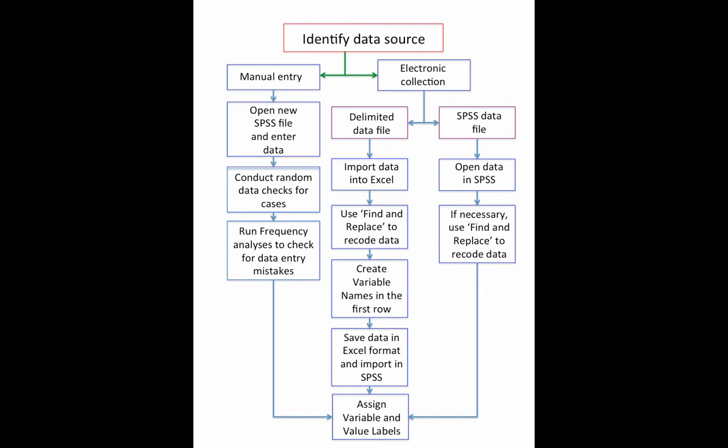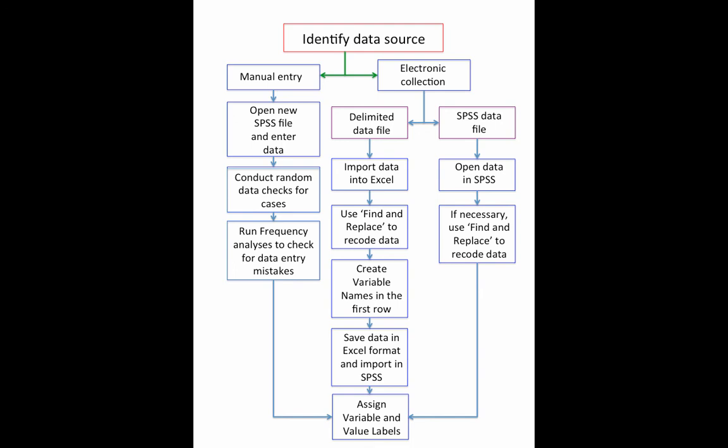With the possible exception of the top row, which will end up being the variable names, and we'll see that later. And so once we've done the find and replace, the variable names, if they're not already there, we may have to create them. And so that's why that's in the workflow. Once we have completed this, then we can save the data.